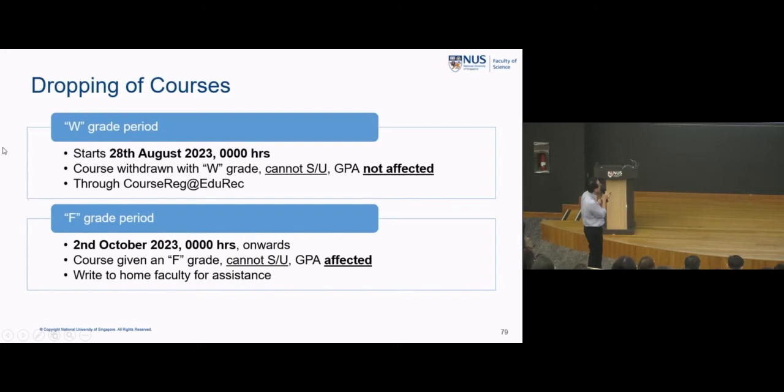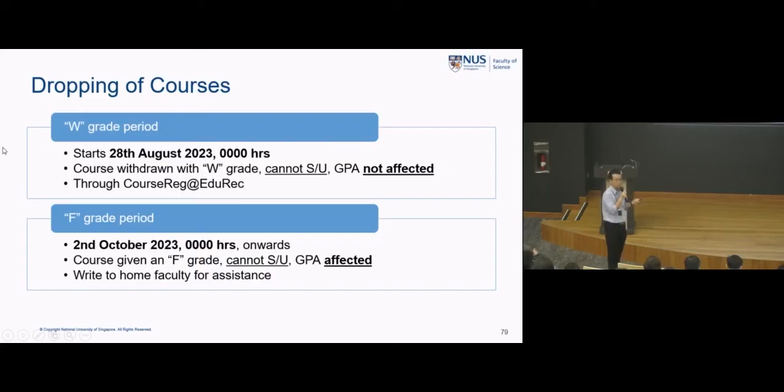This can be done by yourself at CourseReg. Just make sure that you don't drop below 18 units. If you drop below 18 units, the system will not allow you to drop, even in the W period. But once you cross 2nd of October, 0-100 hours onwards, this is what is going to happen.